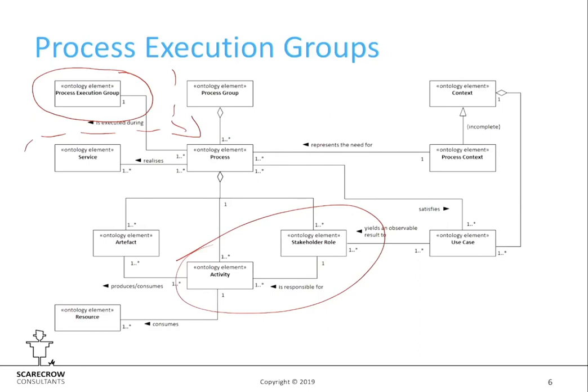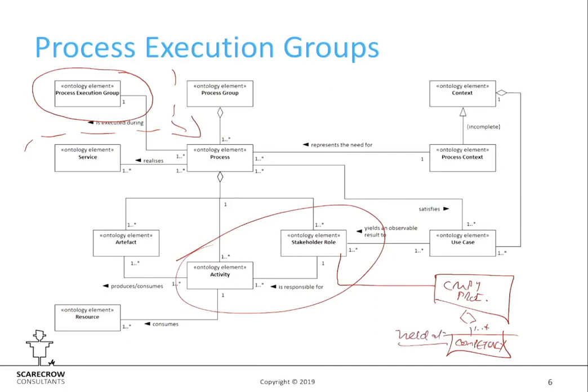The other thing as well is it starts to tie in through the competency. These stakeholder roles are going to have a thing called a competency profile associated with them, and that competency profile is made up of a number of competencies, and each one has to be held at a level for that profile that goes with that role.